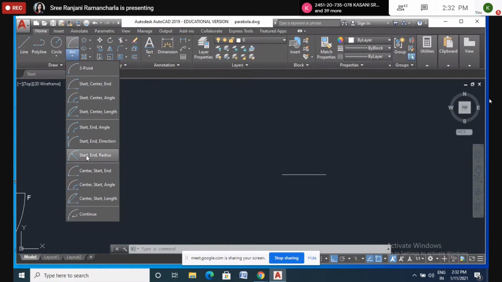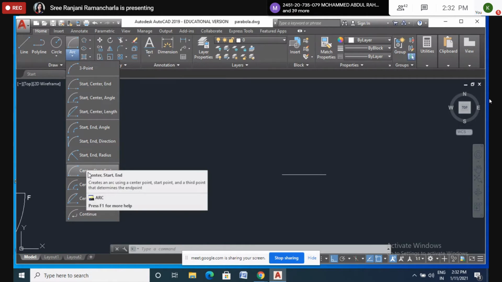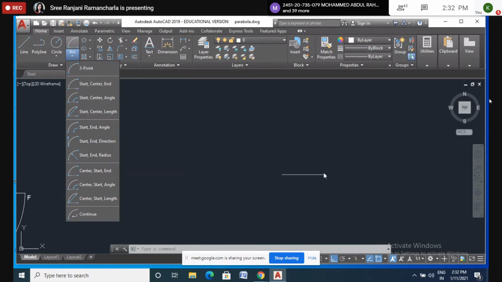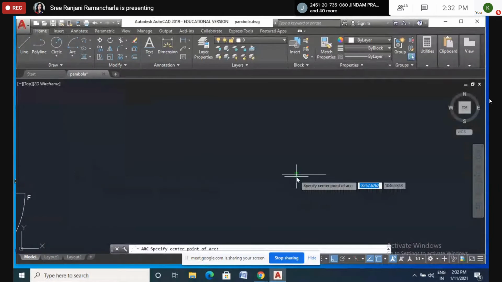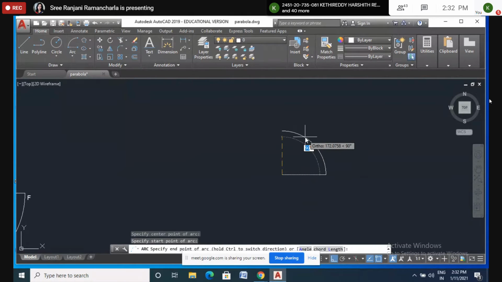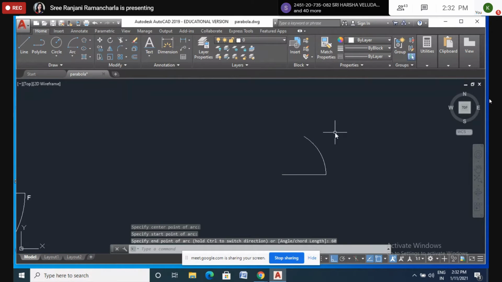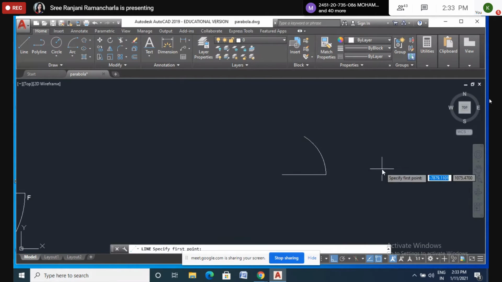So arc, from here means start, center, end, or center, start, end also. So here I can take center, start. For an equilateral triangle you have to take 60 degrees, right? Yes, 60 degrees. It will be the another center, another end of the another side. Okay. So just draw the line here with this.